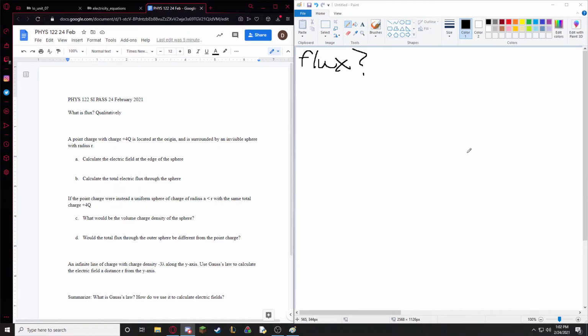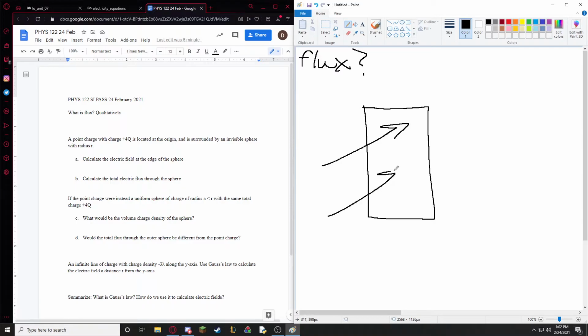So if we have a surface, let's say we have a wall here, and we have some sort of electric field in the area, arbitrary, going in some sort of direction, let's say this direction.